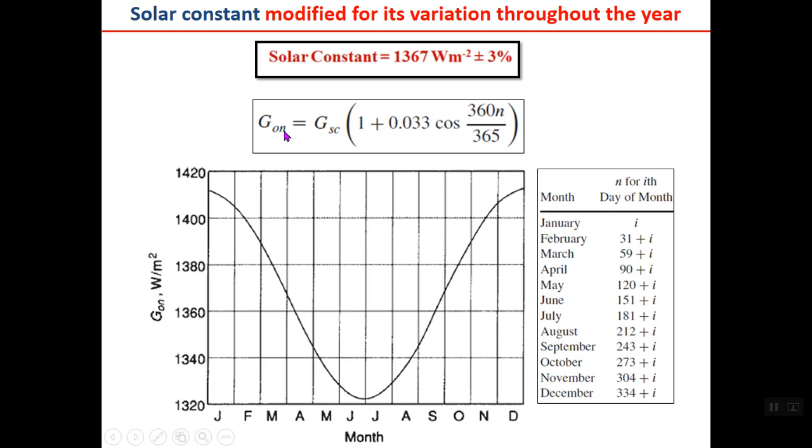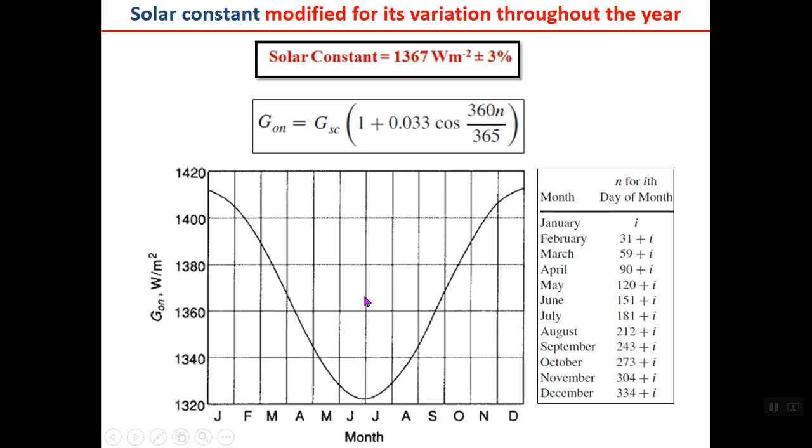So whenever you see GON, it is the solar constant modified for the distance between the sun and the earth. The N in this formula can be found either manually or from this table. For example, if it is 20th of May, then the day number is 140, adding 20 to 120.